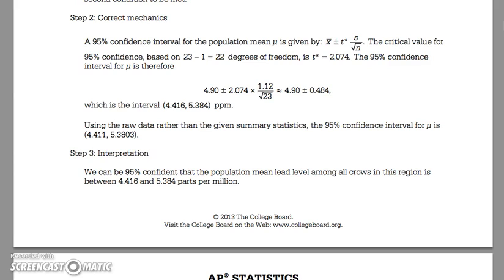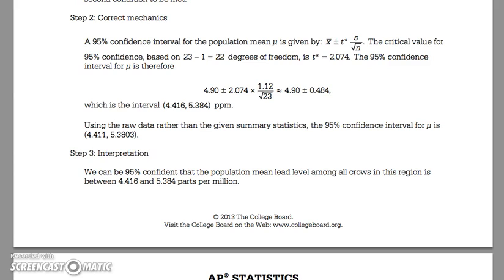Step 2 is correct mechanics. A 95% confidence interval for the population mean is given by said formula. The critical value for 95% confidence based on 23 minus 1 equals 22 degrees of freedom is t equals 2.074.